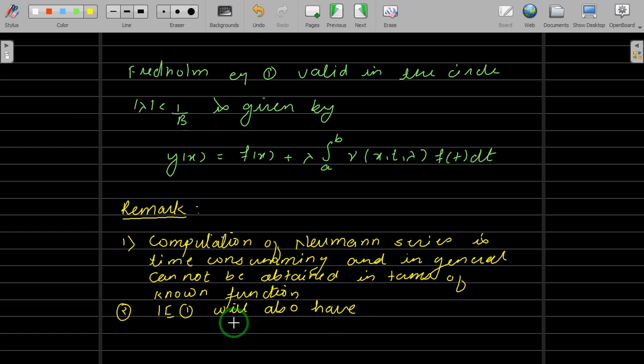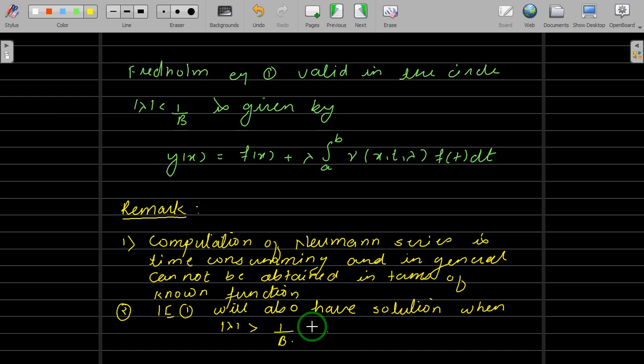So integral equation 1 will also have a solution when mod of lambda is greater than 1 by b. So these are the two points wherein there are some drawbacks you can say for this Neumann series. First, as I said, you may not get the standard function, which is a known function.